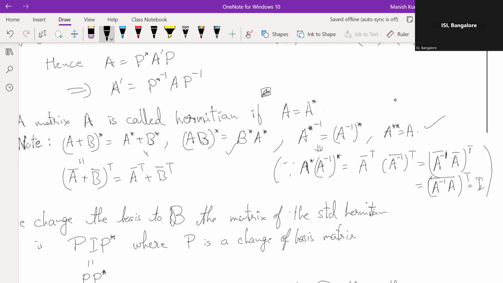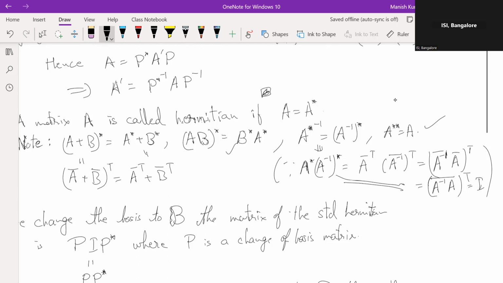That's true. A star times A inverse star is simply A inverse A whole star. So I could have done it directly here, because I'm basically reproving this in some sense. And then one step goes away. Even better. Good. If you use this, then these two steps become one step.